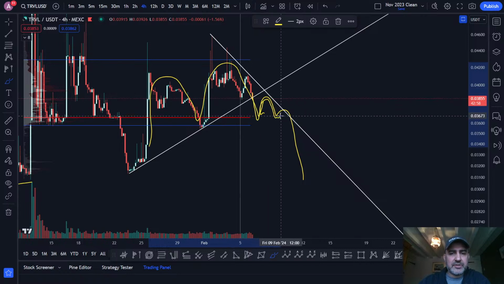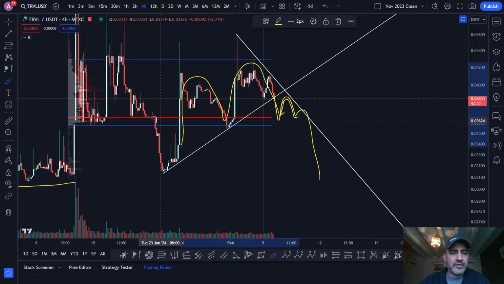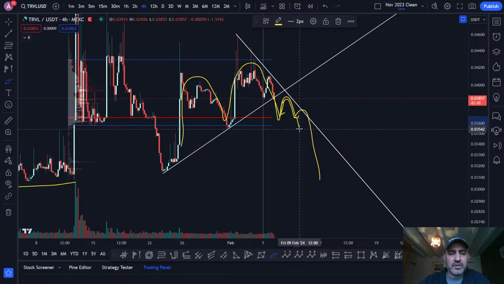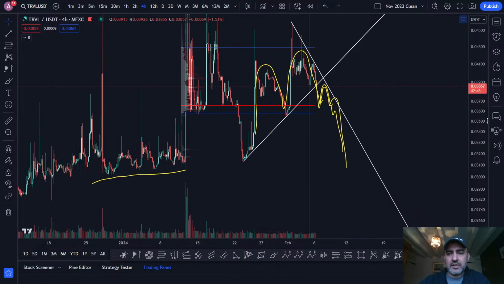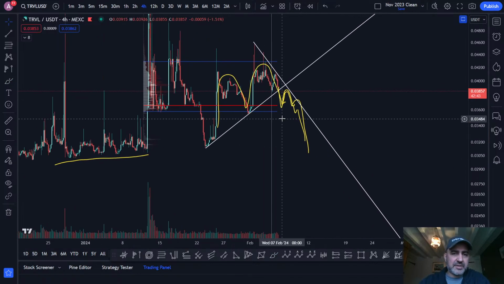And if we do come back into the point of control too many times, then it is possible that we lose the point of control and head lower.